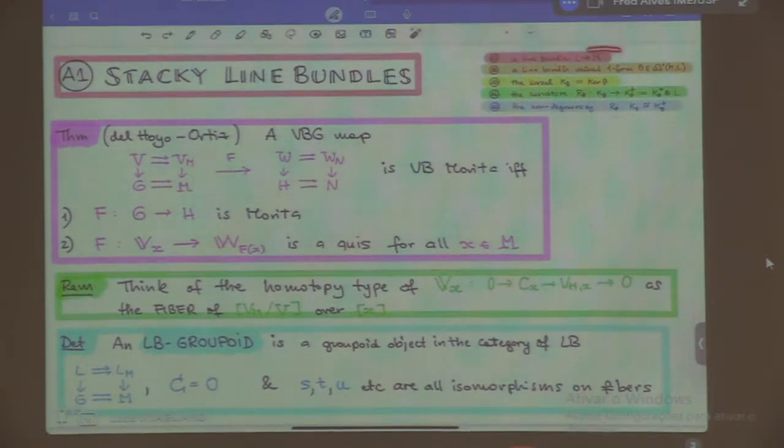Well, what I really want is a line bundle. First I need an additional remark, which will be used later, which is again due to del Hoyo and Ortiz. They characterize in a very useful and inspiring way the VB Morita maps. It turns out that a map of two VB groupoids is VB Morita if and only if the map on the bases is Morita, and additionally F induces a map between the fibers which is actually a quasi-isomorphism.